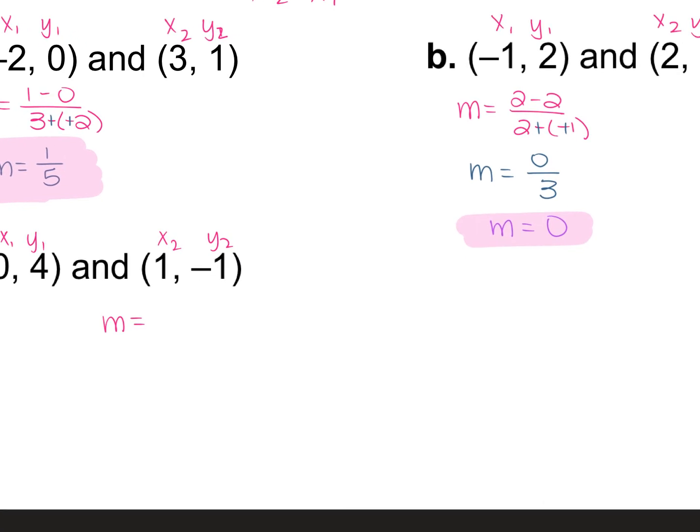That gives us a slope, or m, of -1 minus 4 over 1 minus 0. Your -1 minus 4 have the same sign, so combine the two numbers and keep the sign in front of it. That gives you -5 over 1 minus 0, which is 1. Anything over 1 is itself, so your slope for this one is just -5.